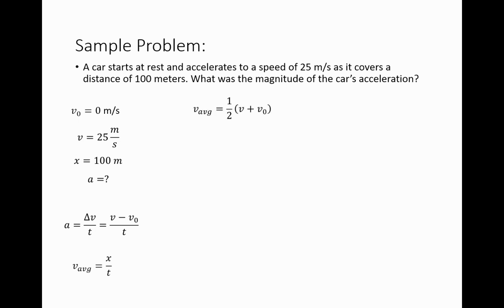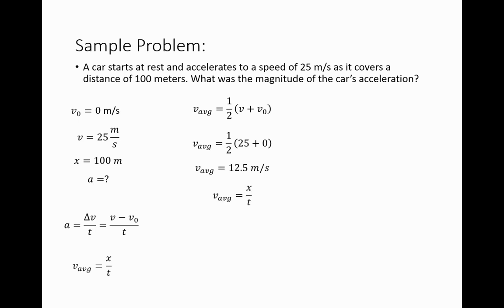Now, if I have constant acceleration, the average velocity is simply going to be the initial velocity plus the final velocity divided by 2, or 1/2 of v plus v0. So I can plug in my final velocity and my initial velocity, which gives me an average velocity of 12.5 meters per second.